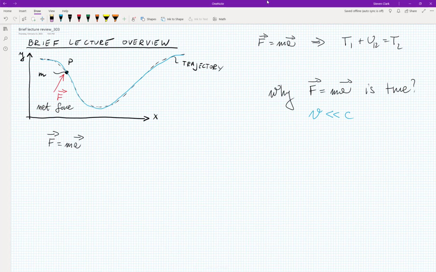Yeah, but at the velocities we are moving with in this course, this is a very good approximation of what's happening there. Yeah, this is how our world works. This is how our world is built. But why is it built like that? I don't know.